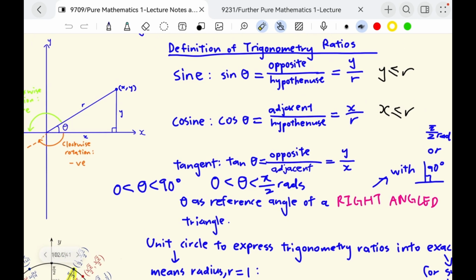For tangent theta, it is y over x, or here the change of y over the change of x.